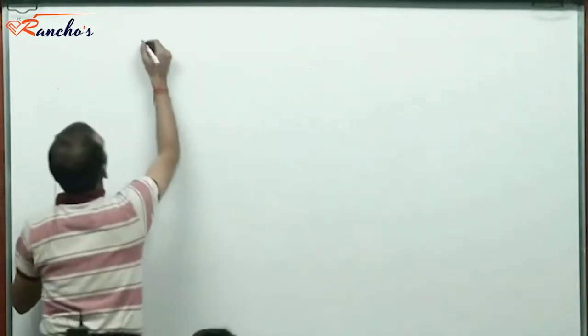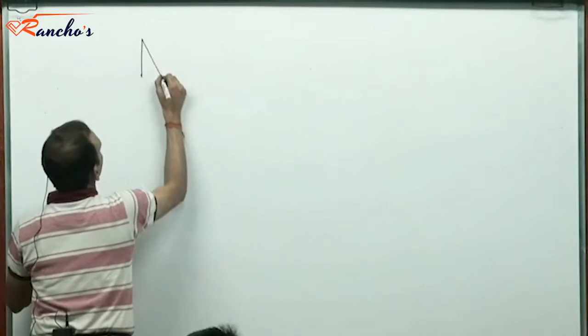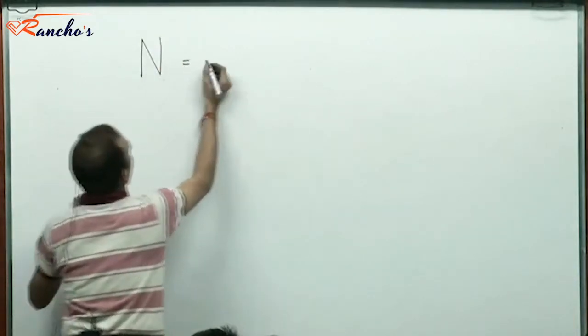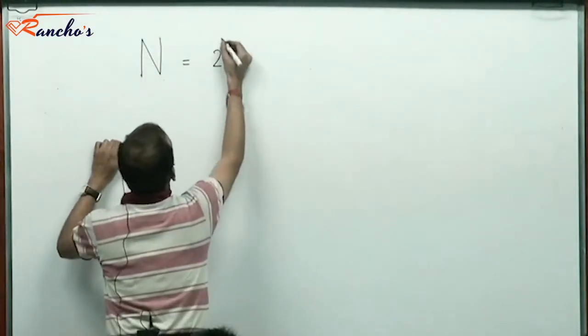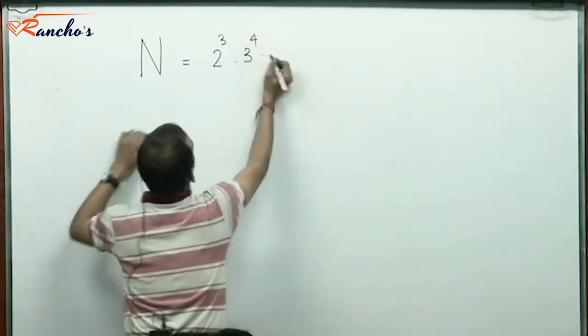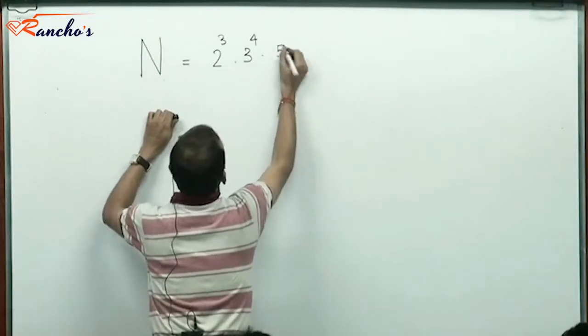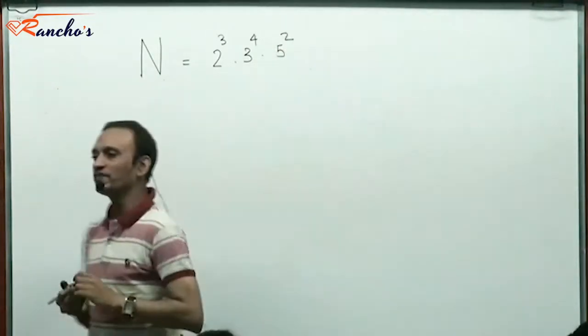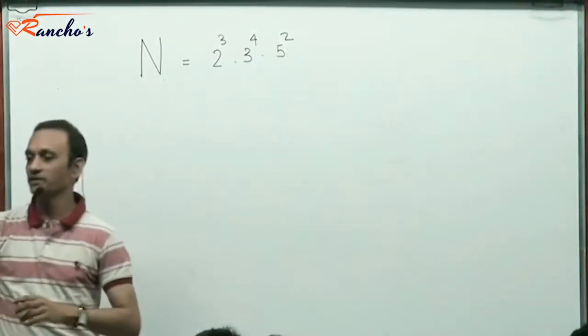Suppose I give you a number n, which is 2 cube, 3 to the power 4, 5 squared.